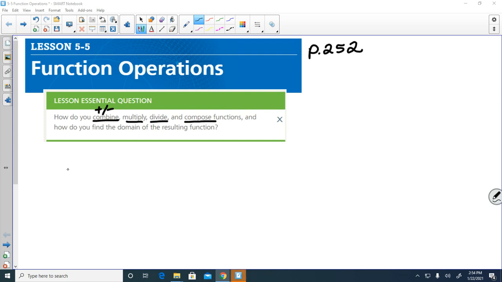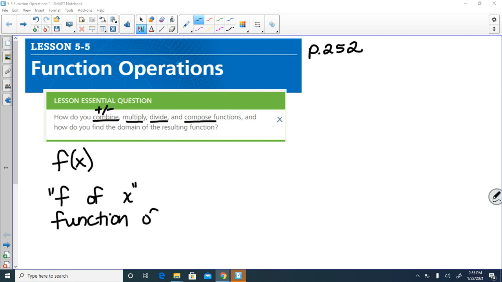Now, one thing that students need to be very, very aware of is what this notation means and how you say it out loud. The way that I say this out loud is I would say f of x. What this means is that f is a function of x.